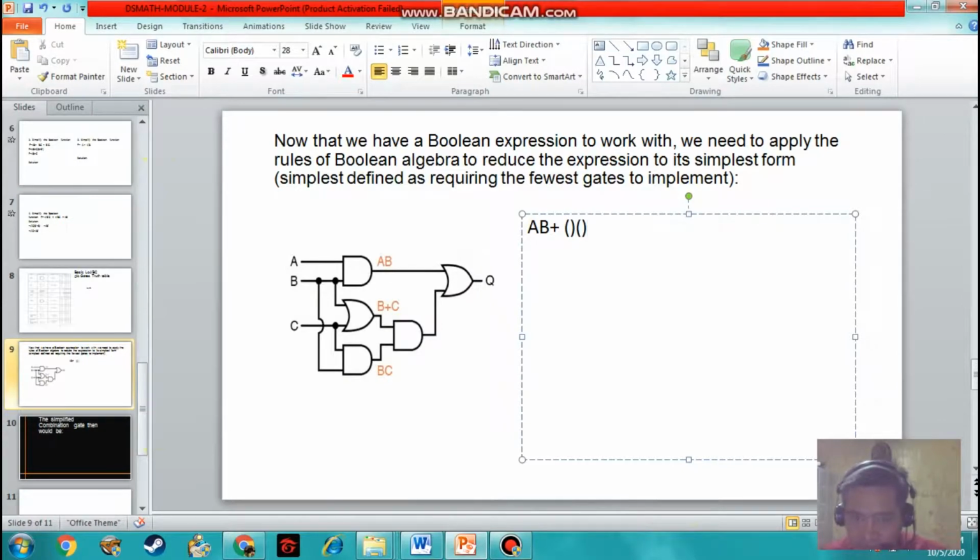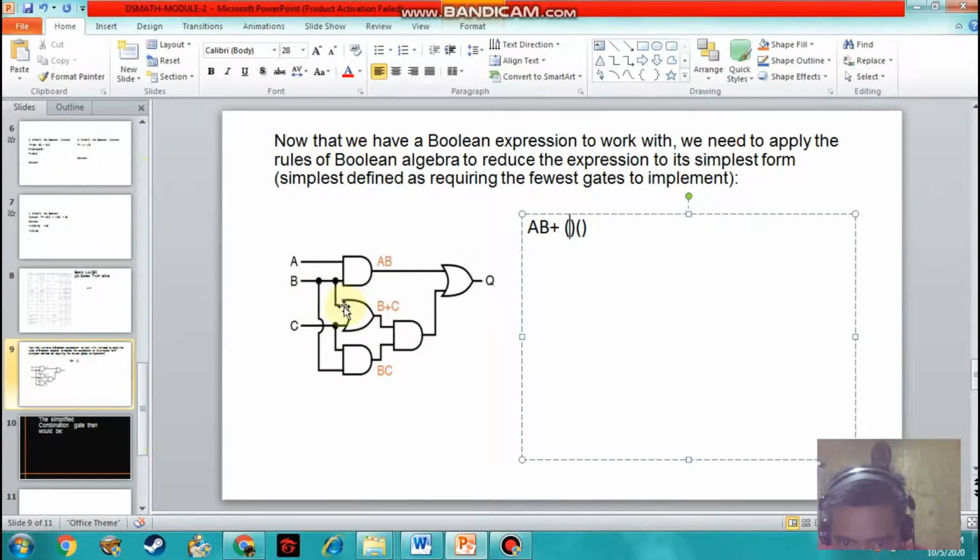Multiplication ng ano? Ito, para dito, etong isang open close parenthesis para dito. Okay? Sige. So, dito sa loob, meron tayong B plus C. Ayun o. B, C. Pag ganito, jumper yan, hindi yan nakakonect.